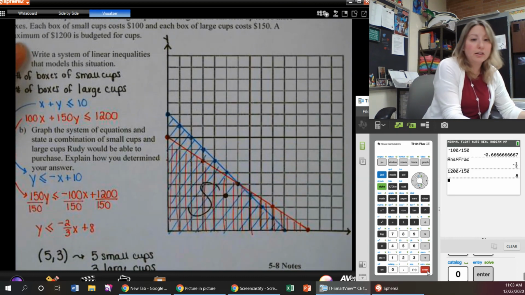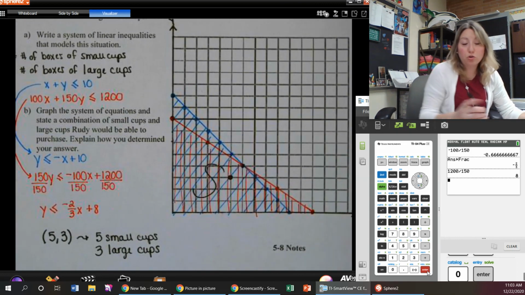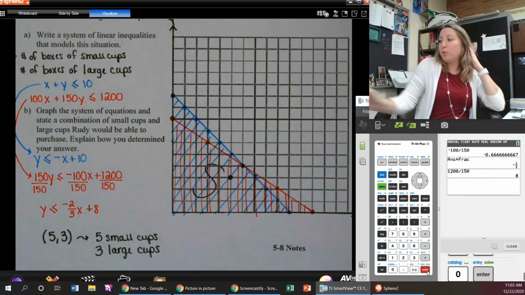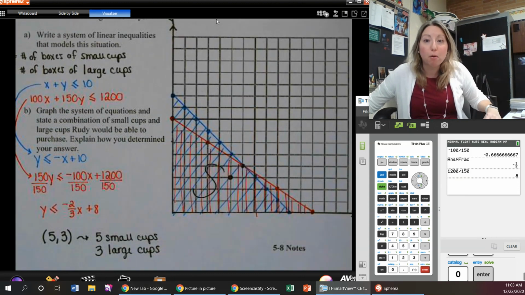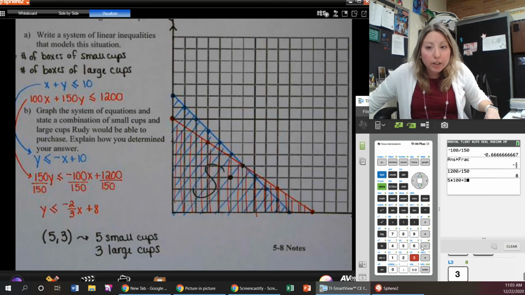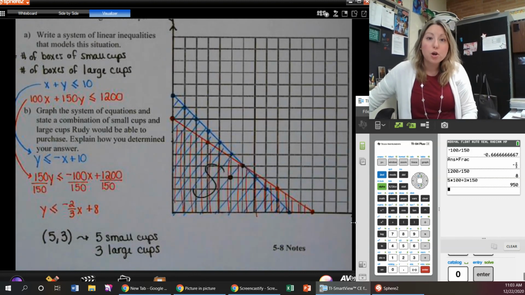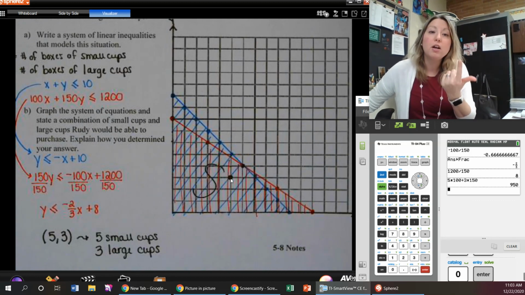That is less than 10 boxes for the storage room that can't fit more than that. And then if we do the math quick on how much money that is, 5 times $100 per box plus 3 times $150 per box ends up being less than $1,200. It's only $950. So this combo leaves space in the storage room and money in the budget.